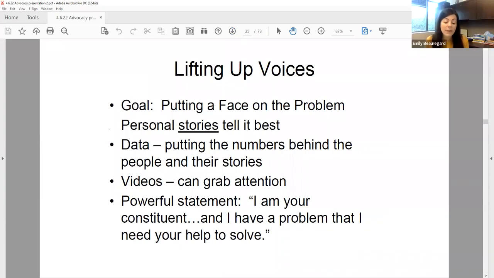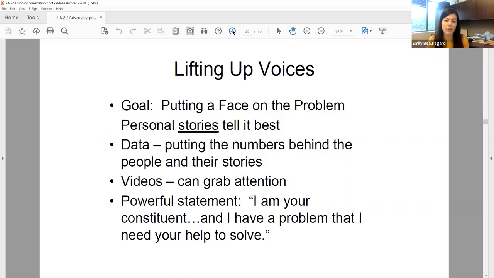Yeah, so lifting up the voices of Kentuckians with lived experience is really essential to good advocacy. And it's something that is central to the work that Kentucky Voices for Health does every day. We know that, when the system fails, someone gets hurt, and that is often the story that prompts action. So we can take advantage of that when it happens, but I don't want that to always be our only strategy.